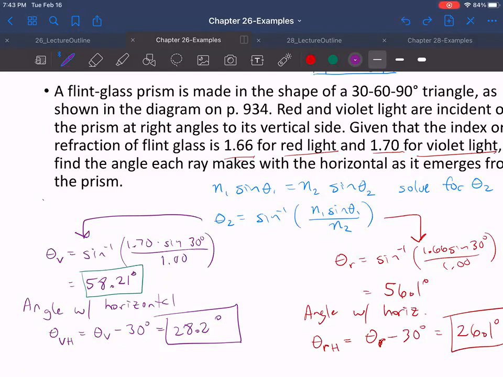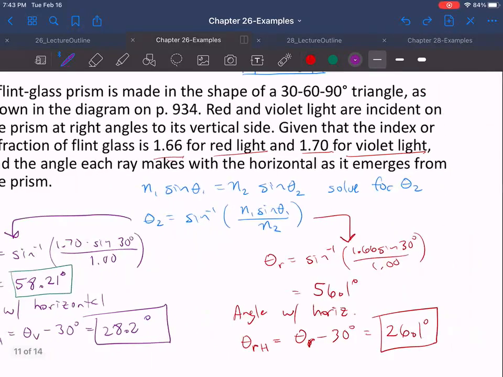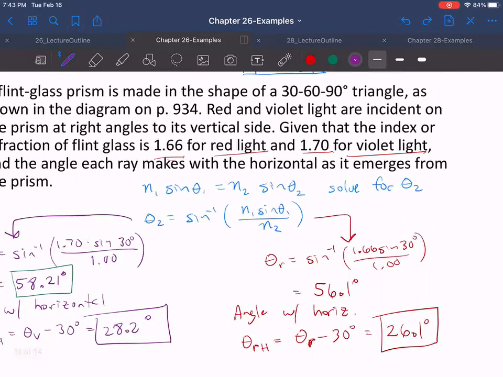Then I came over here for the red light, and I did theta R equals arc sine. This time, I used the index of refraction of 1.66 because that's what was given to us for red light right there. And I plugged that in, sine again of the incident angle of 30 degrees, and the incident material, which was air, has an index of refraction of just 1.00.